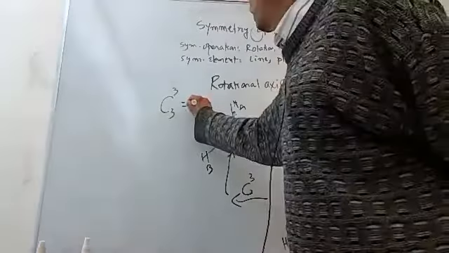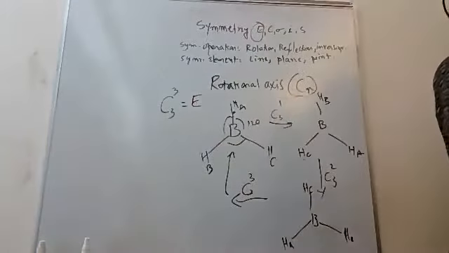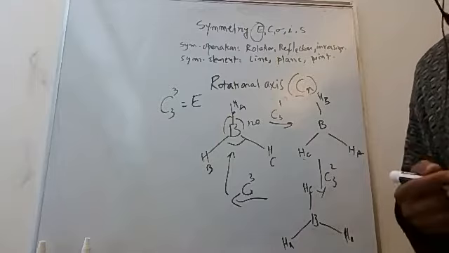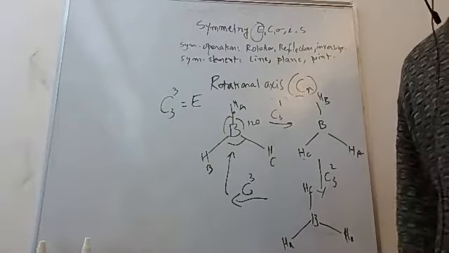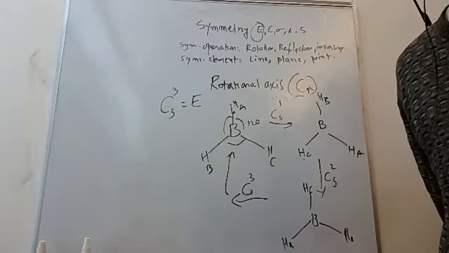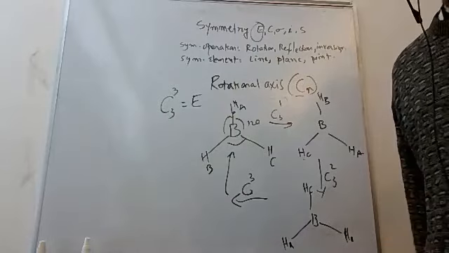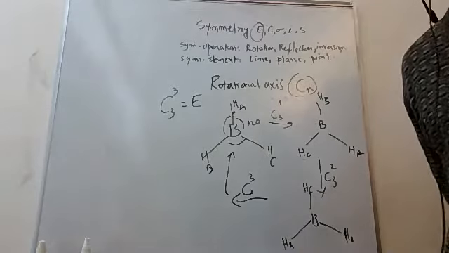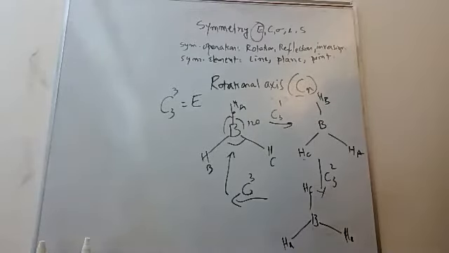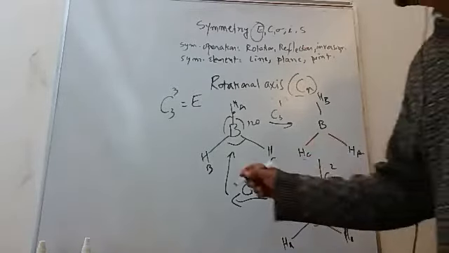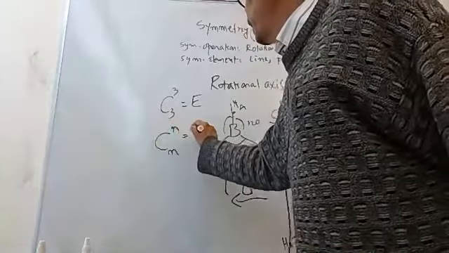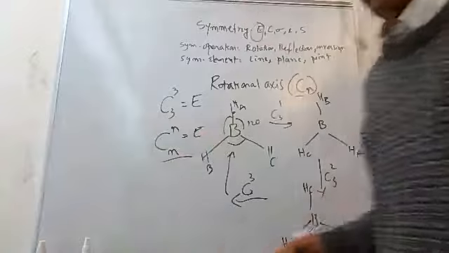So that is your E. So if you do a threefold rotational axis of symmetry three times, the resulting operation gives you a geometry as if nothing happened to the molecule, which is equivalent to the identity operation. This is true for any Cn operation. If you do Cn n times, you get E.